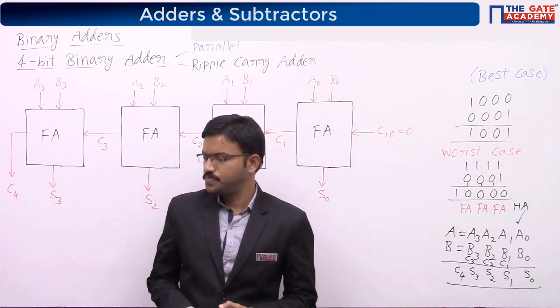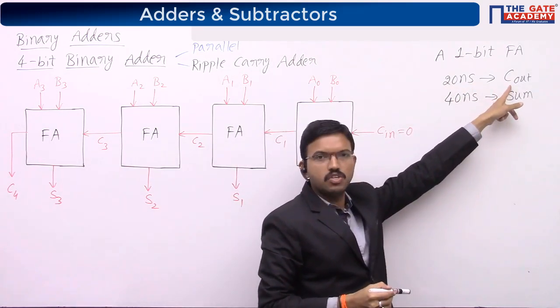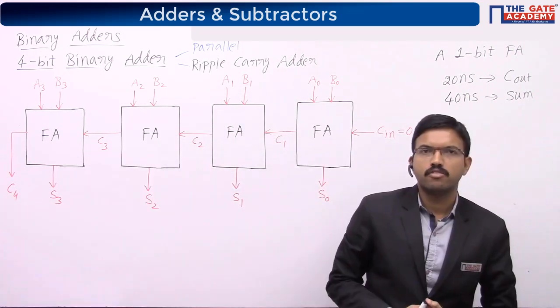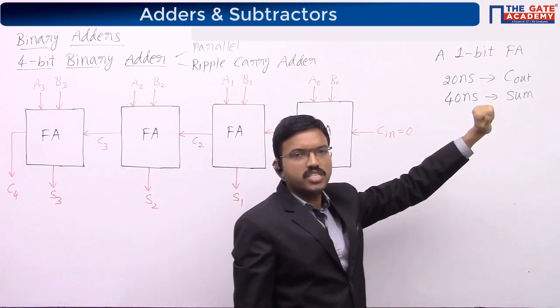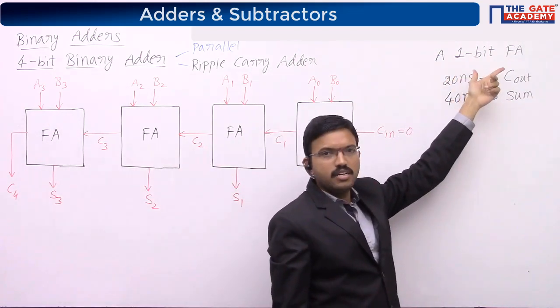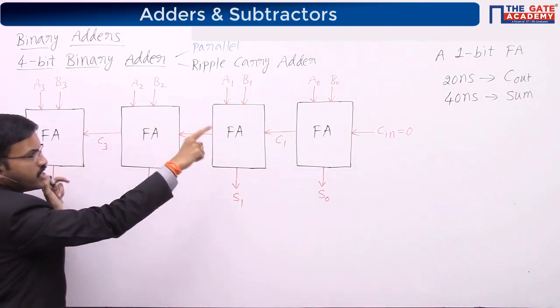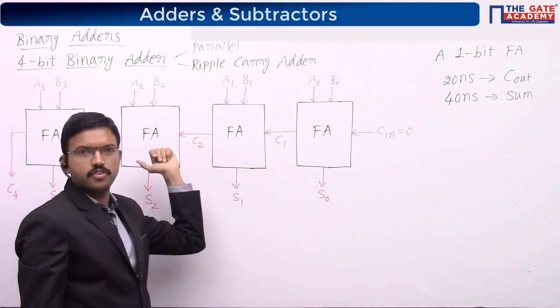Now the question. A 1-bit full adder takes 20 nanoseconds for generating Cout and 40 nanoseconds for generating sum. Find the worst case delay of a 4-bit binary adder, which is formed by cascading 4 such full adders. So the structure we have considered is the 4-bit binary adder, where we have cascaded 4 full adders.